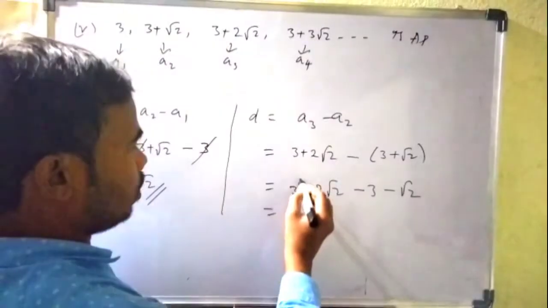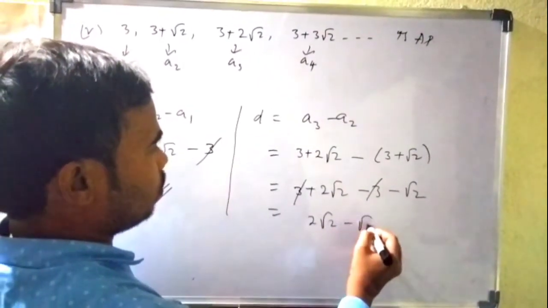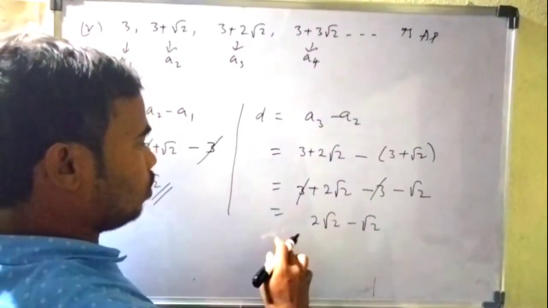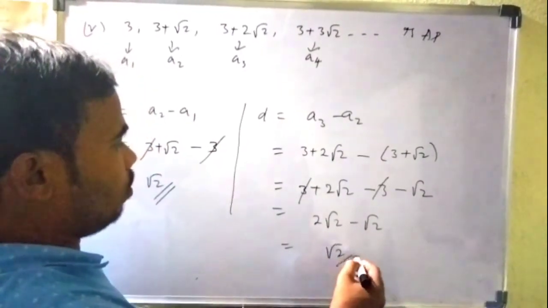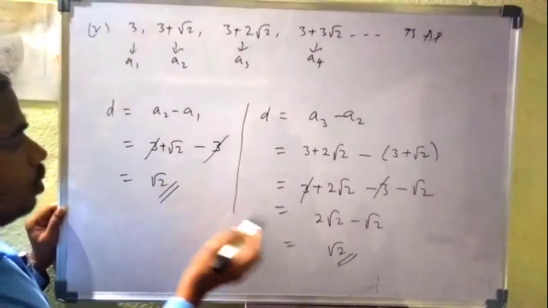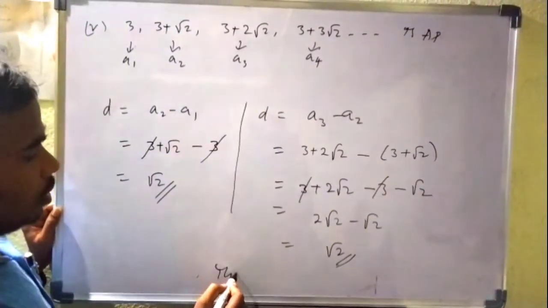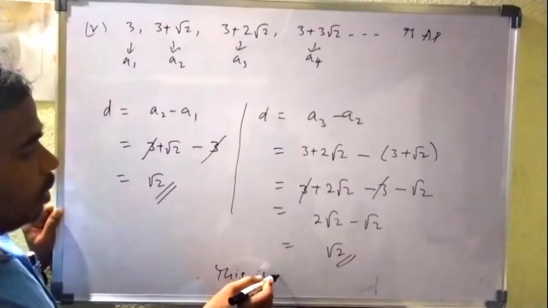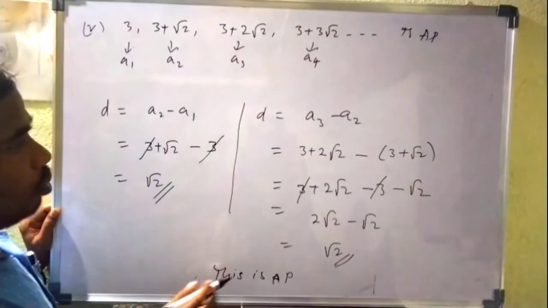Here plus 3 minus 3 cancels. 2 root 2 minus root 2 means 1 root 2. So simply you can write root 2. Here also root 2, here also root 2, equal. So this is an arithmetic progression.